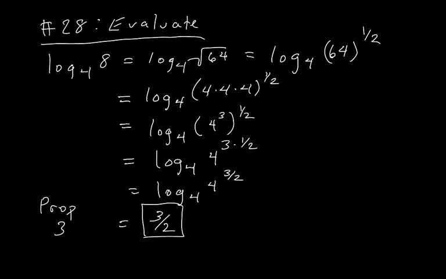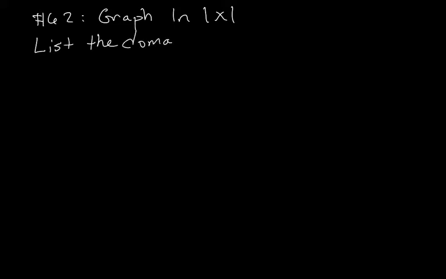Let's do one more graphing. Okay, so this is number 62. And they want us to graph the natural log of the absolute value of x, and list the domain, range, and asymptote.